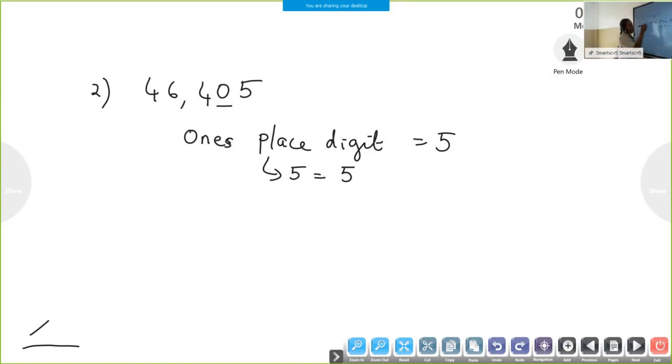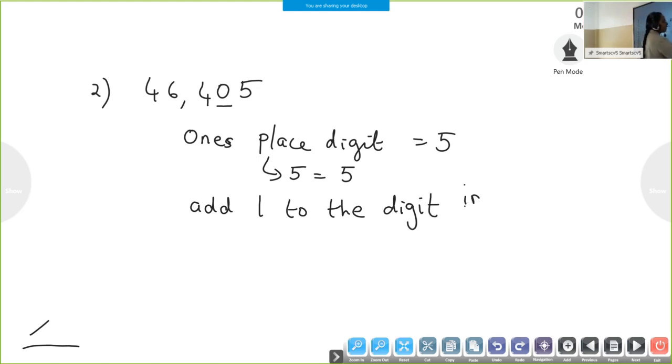We have to add 1 to the digit in the tens place. Add 1 to the digit in the tens place. Okay, the digit in the tens place.